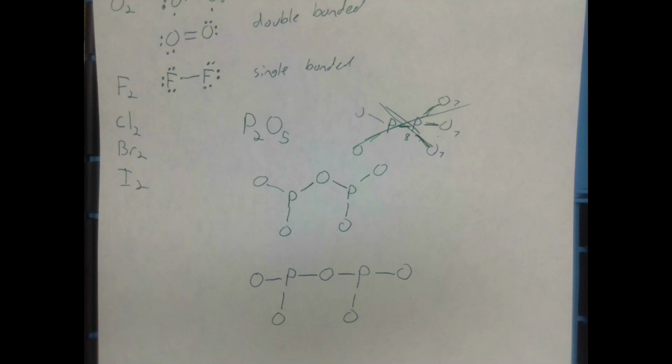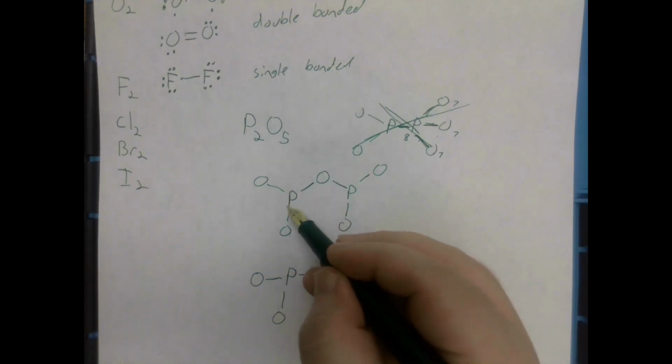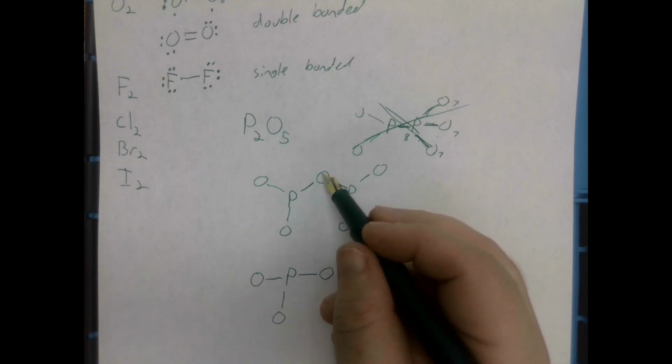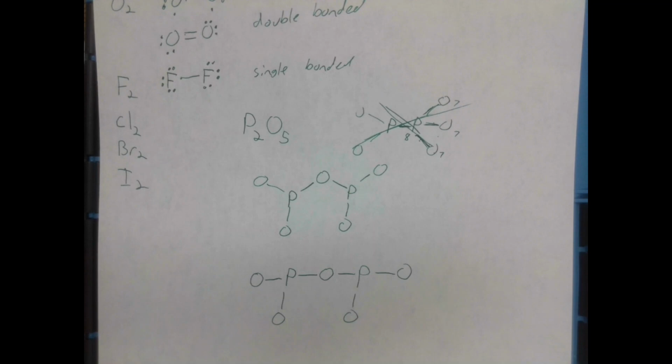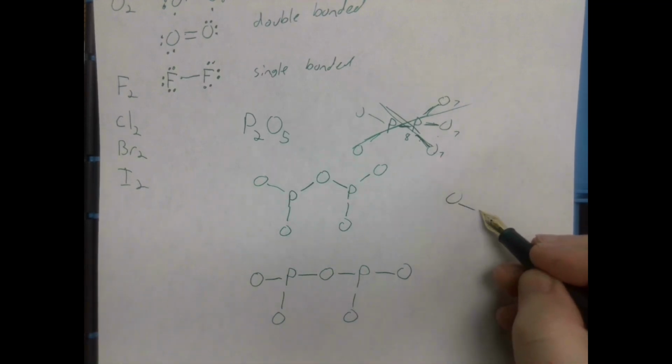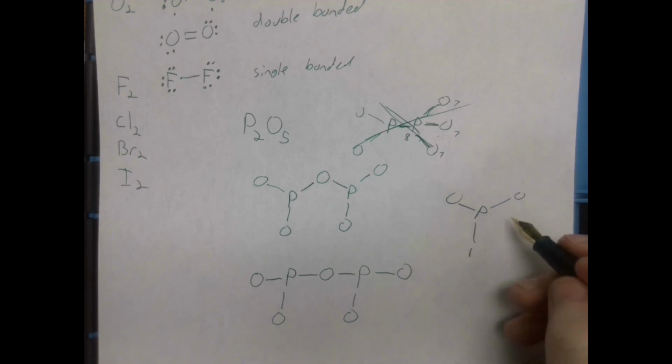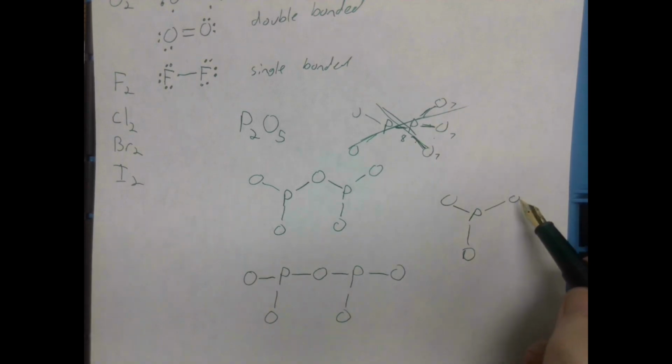Well, phosphorus has to go in the middle because it has less EN. But the only way to do it is also to put an O in the middle. What you have is really just this: PO3, 2 of them bonded together, and they share 1 oxygen.